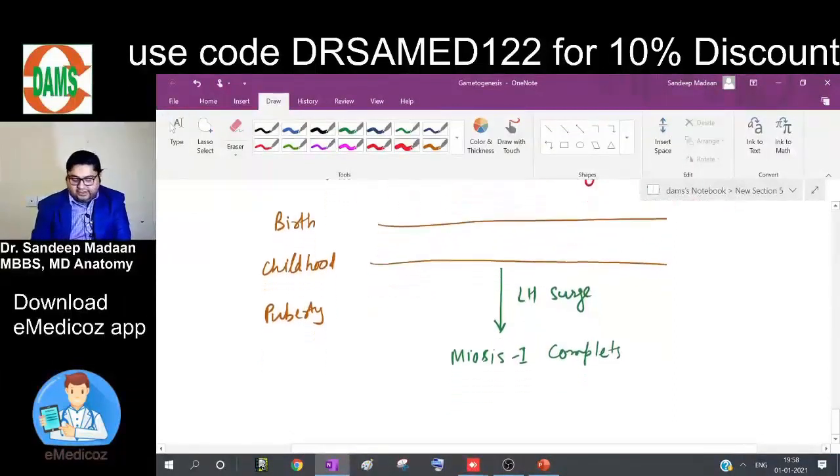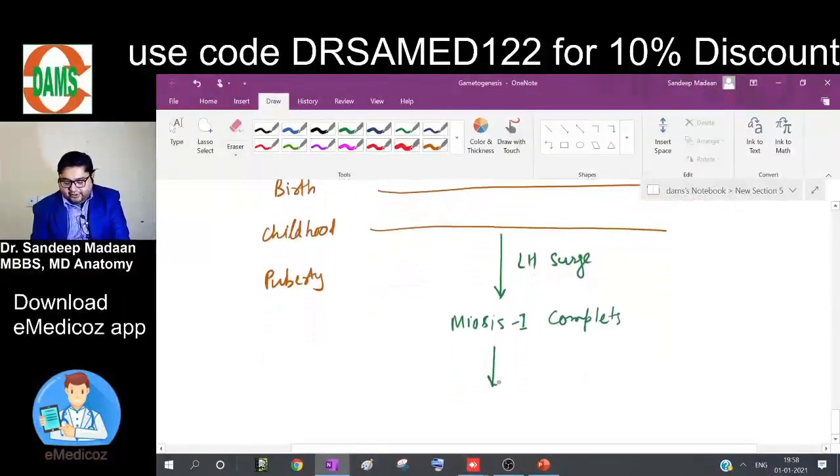Because meiosis 1 completes, there is formation of what? There is formation of secondary oocyte, and secondary oocyte is haploid in number. Plus there is formation of first polar body.